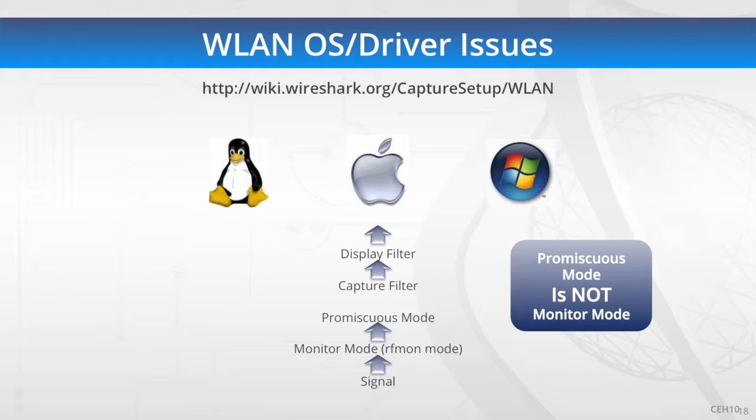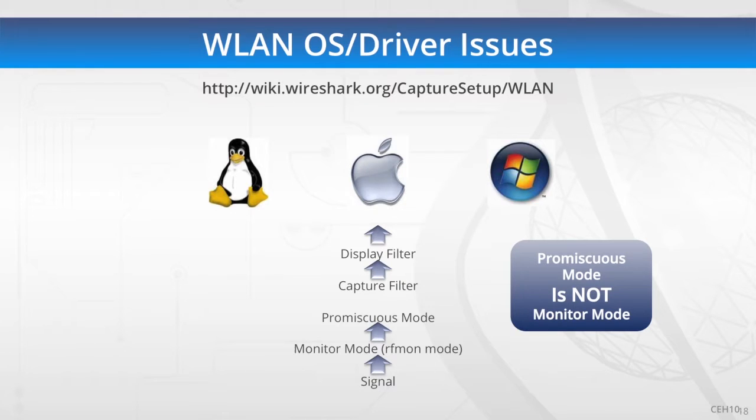Monitor mode and promiscuous mode are two separate things. You're allowed to monitor and then you go into promiscuous mode. That allows you to do capture and display filters. The problem is that monitor mode for the Microsoft operating system does not work the way you want it to. You cannot capture all of the packets that are flowing, especially when it comes to wireless. You cannot capture a lot of the packets.